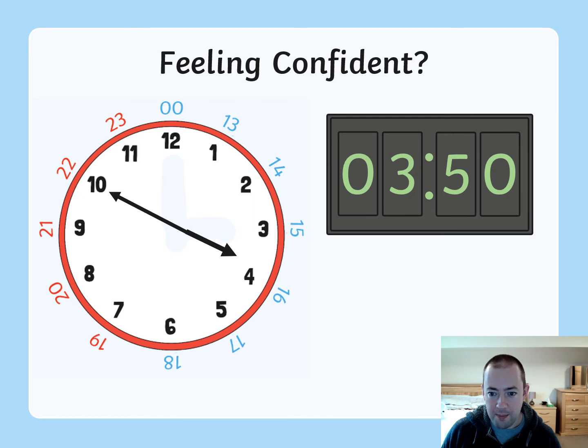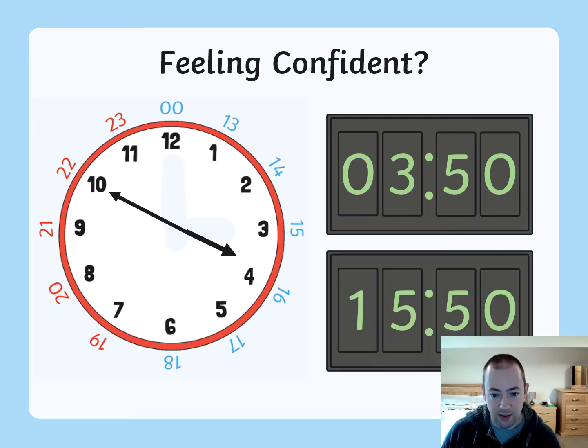Okay, here's a harder one. We've got 3:50, that's in the morning, and there it is again, 15:50 in the afternoon. Now, some things that people often get wrong with 24-hour clock, sometimes if they go up to 11 o'clock at night, then they change 12 o'clock midnight to 24 because it's 24-hour clock.